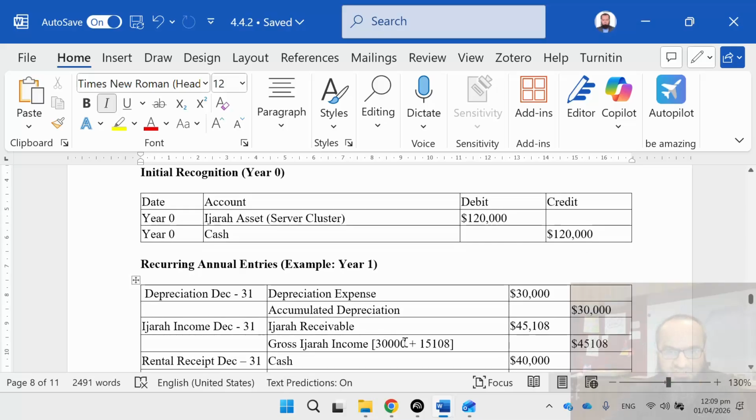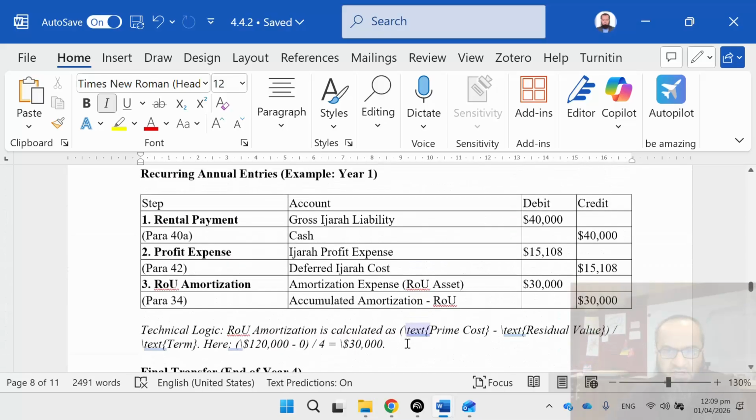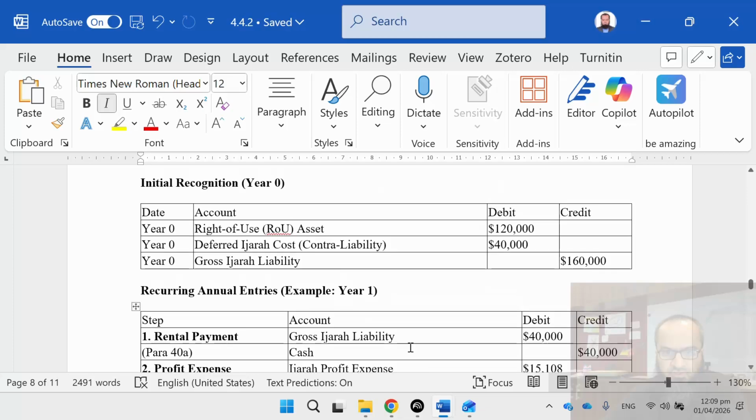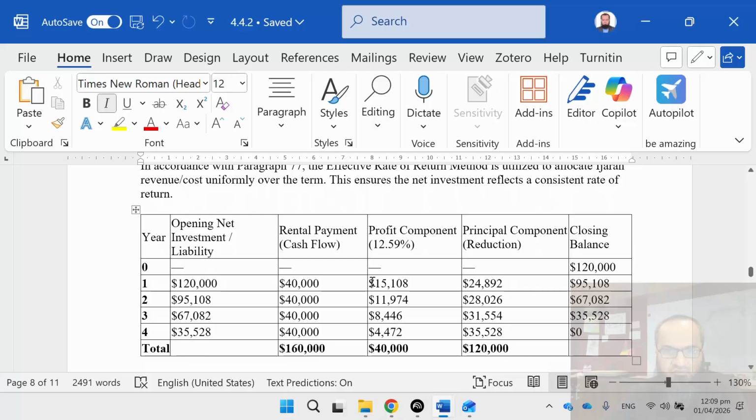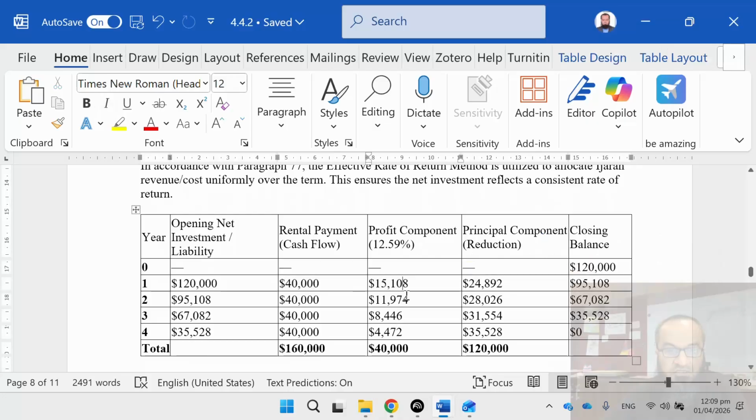So we just noted that the income under the effective return rate method has to be recorded as we saw here, 15108, right? So this is the net income on Ijarah. So what should be the gross income in Ijarah? Of course, the depreciation of the asset, I am not using the asset for myself. I have actually given out the asset on rent. So whatever the depreciation I am incurring, I will charge on.